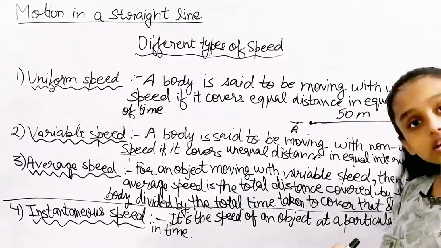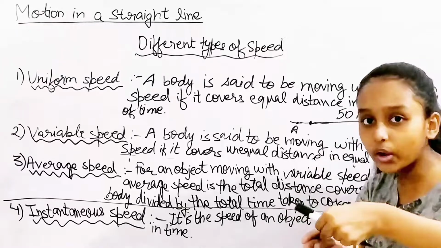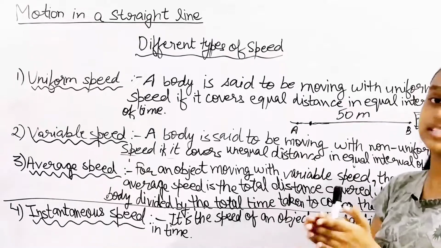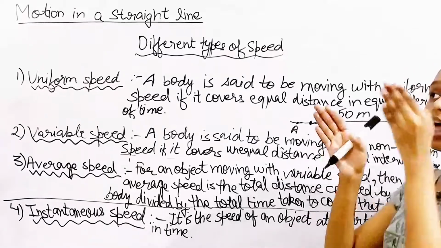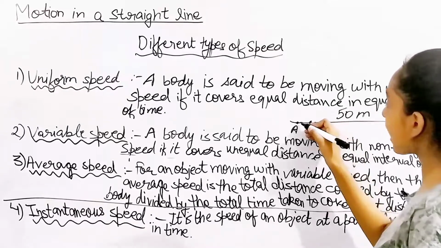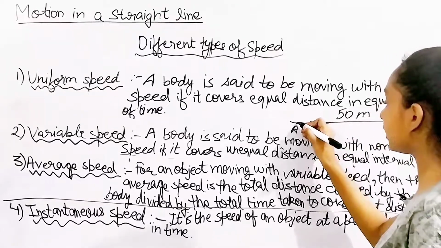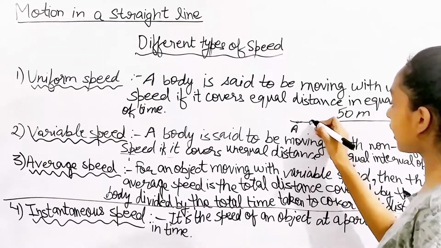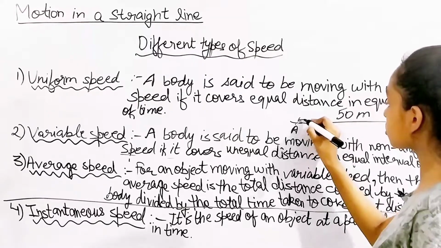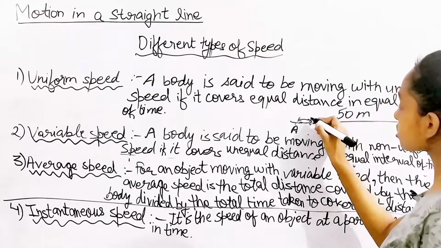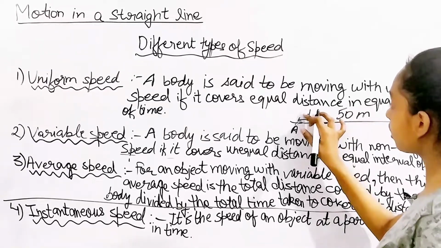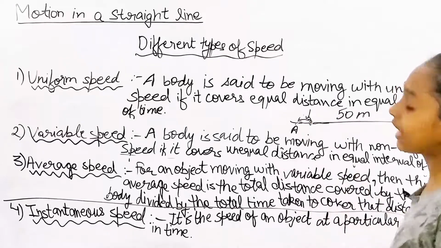But what if I ask at an instant point? I don't want the overall distance. I just want the distance of an instant point, from here to here, only this much. I just want the speed here.